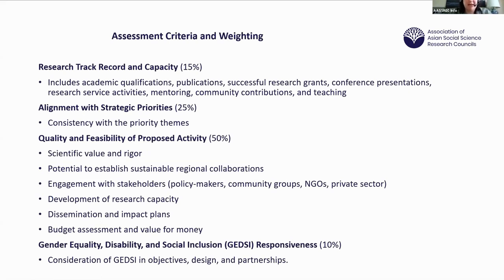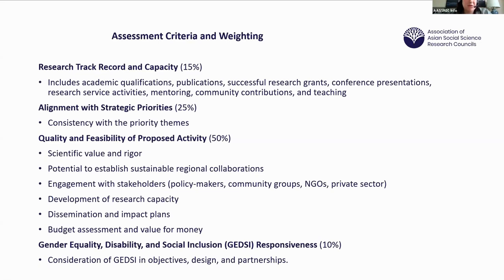Now, the assessment criteria is weighted, and there are 4 criteria. 15% is allocated to the research track record and capacity of the applicant. 25% is weighted according to the alignment with the strategic priorities and the priority themes that we've set. 50% is based on the quality and feasibility of the proposed project.